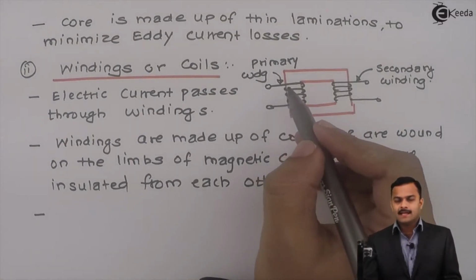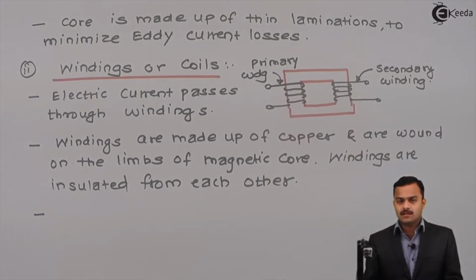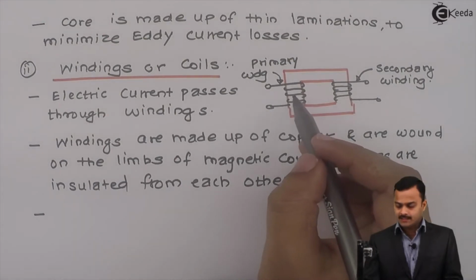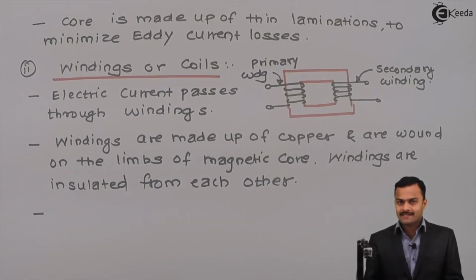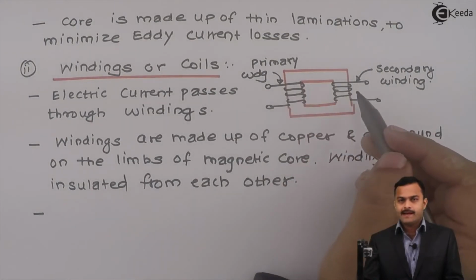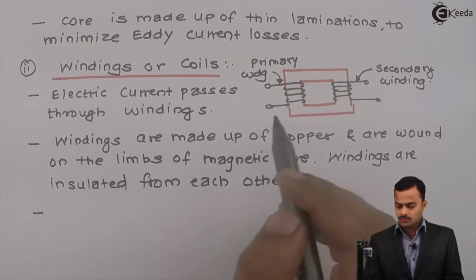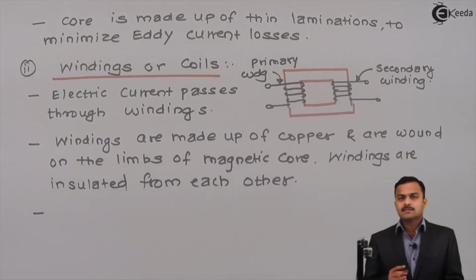Since there is a length, area of cross section and some resistivity for this material, hence there will be some resistance at the primary as well as secondary side. So current is passing through this resistance, give rise to I square R losses.